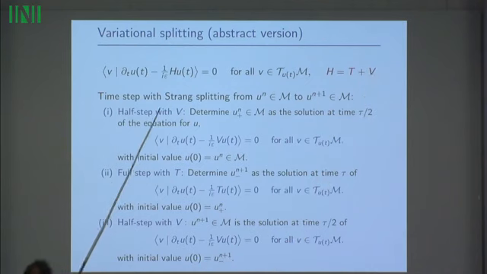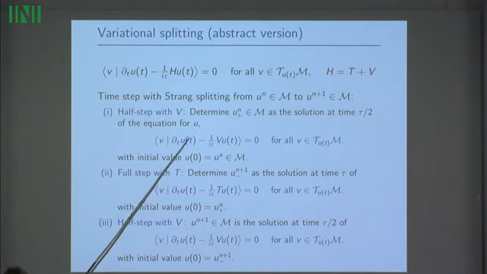And now I just do a Strang splitting here, where I first make a half step with the potential part of it, then a full step with the kinetic part of it, and then again a half step with the potential part of it.